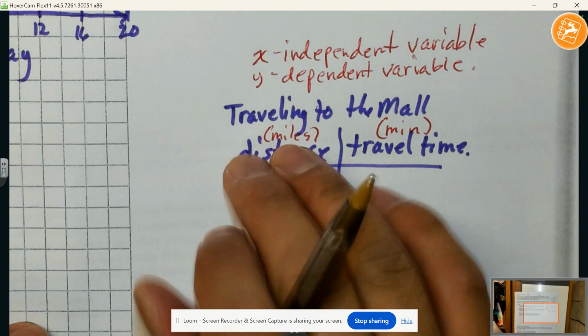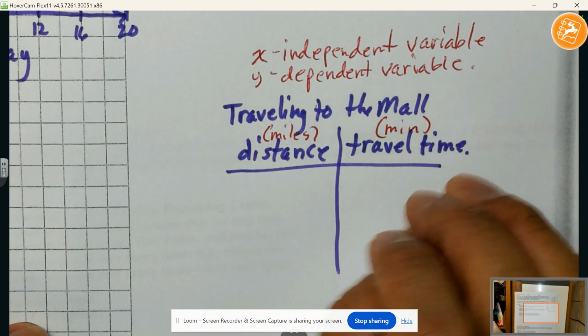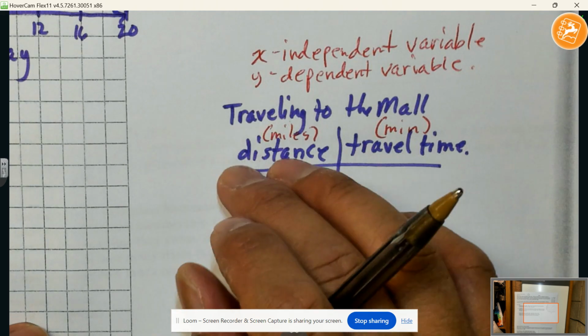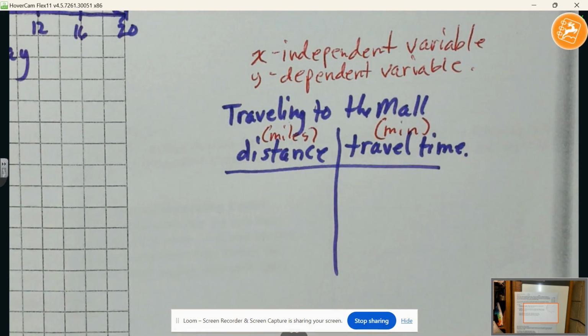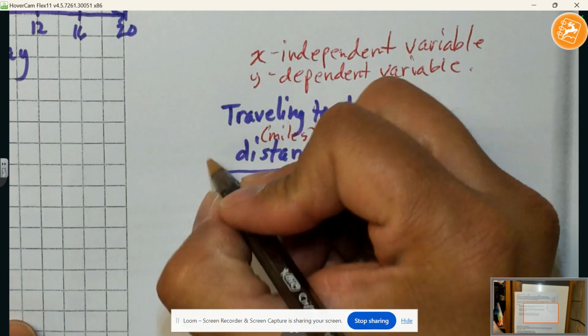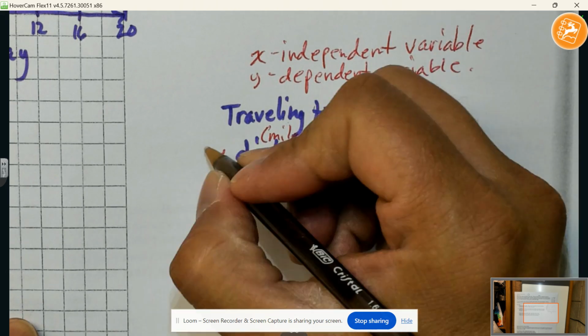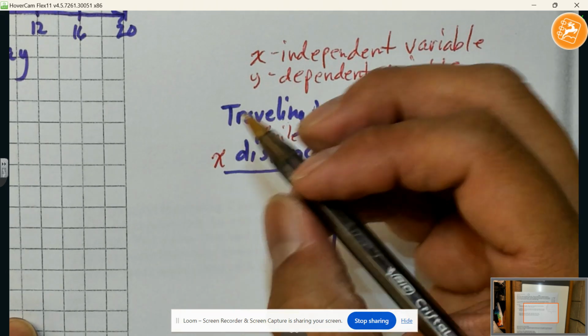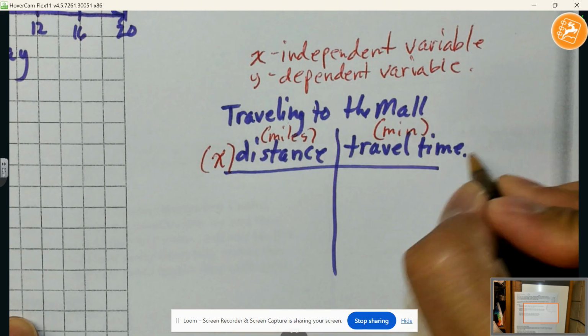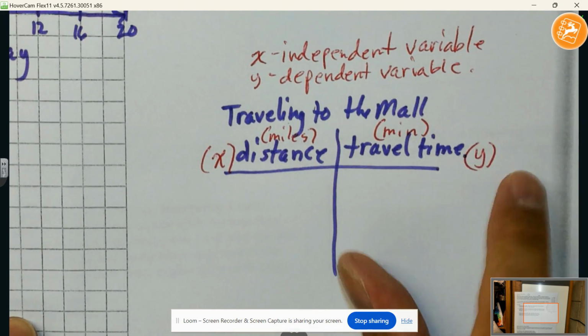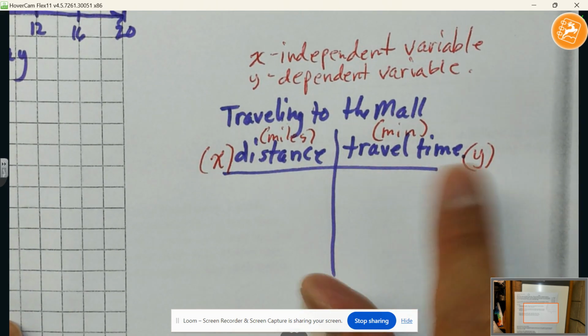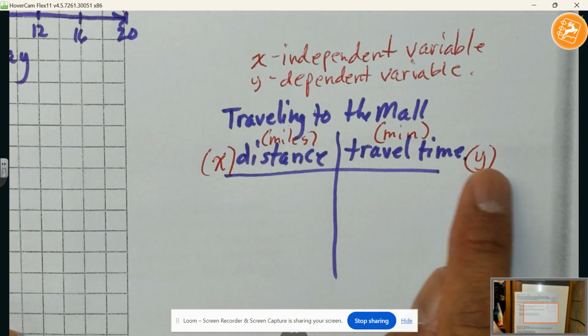Does the distance that someone traveled depend on the travel time, or does travel time depend on the distance from the place? In this case, we're going to use the distance as the x, which determines the travel time. So this is the x, and this is the y. How long we travel depends on how far it is, dependent.